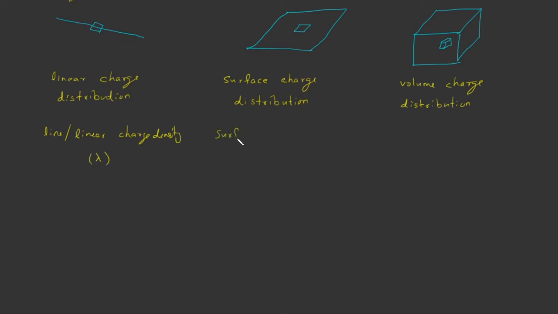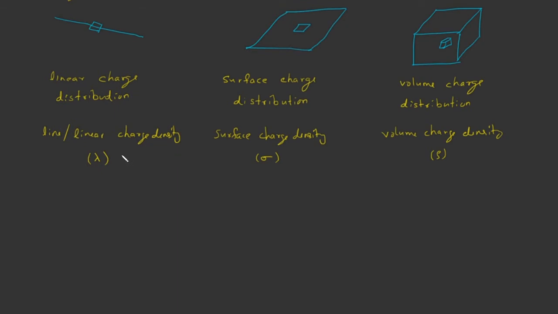Surface charge density we call sigma, and volume charge density we call rho. Now we are going to find the equation for the charge densities.